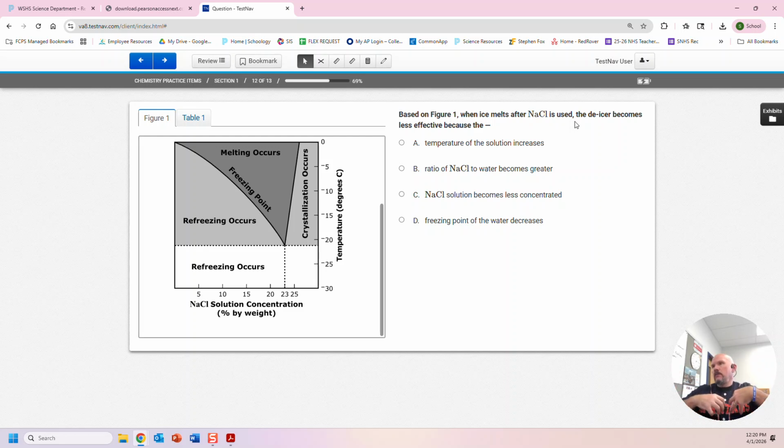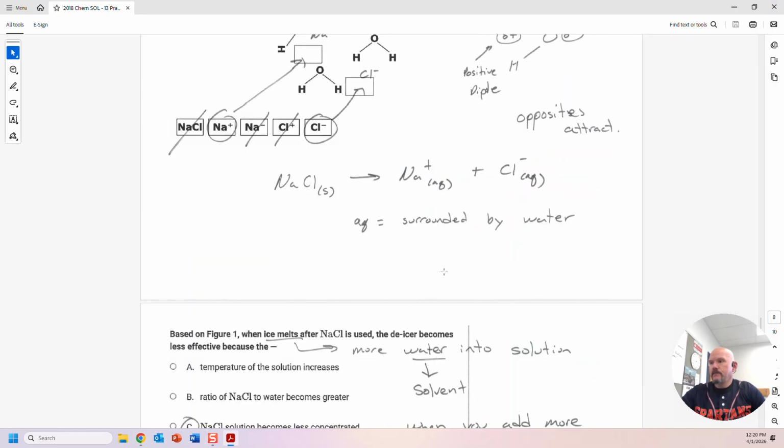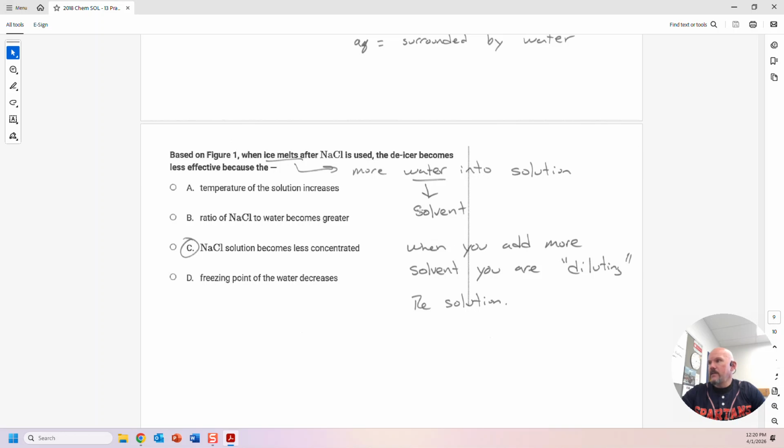And so you're adding more water to a solution, you're diluting it. So the lower the concentration, the less the freezing point gets depressed, or the less that the boiling point gets elevated. So it's just because it's less concentrated. More water into the solution, water's the solvent. When you add more solvent, you're diluting your solution, making it less concentrated.